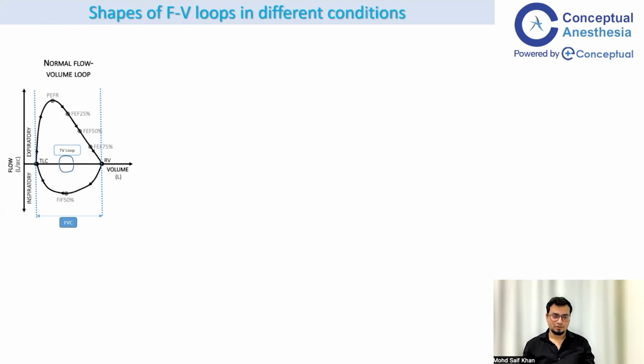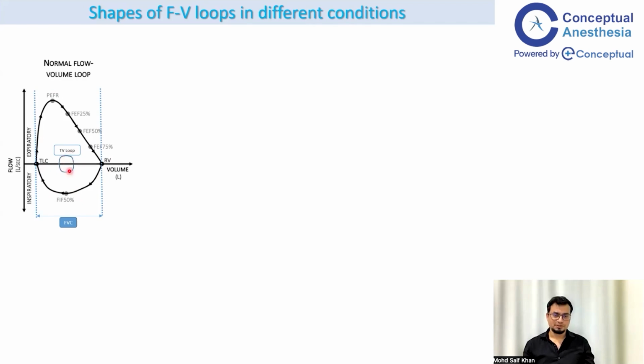So we will draw the normal first. Now here we have drawn the loop from this point. This is your expiration, and that is your inspiration. This is your TLC, and that is your residual volume. And then there is a smaller loop also here, which is called the tidal volume loop. This is a small loop.